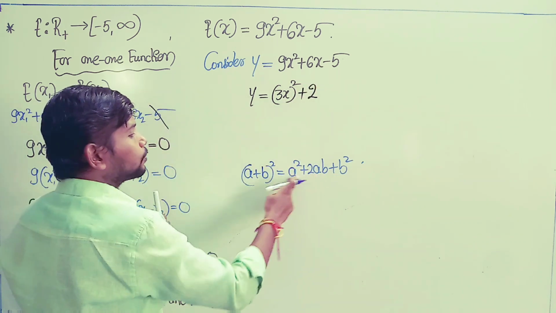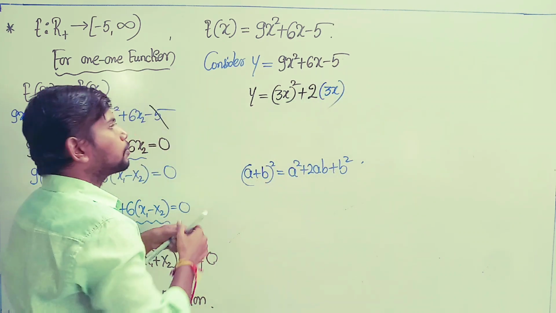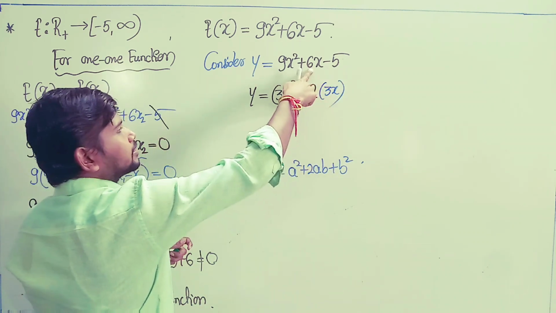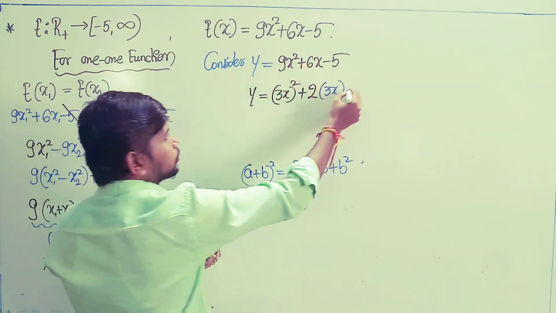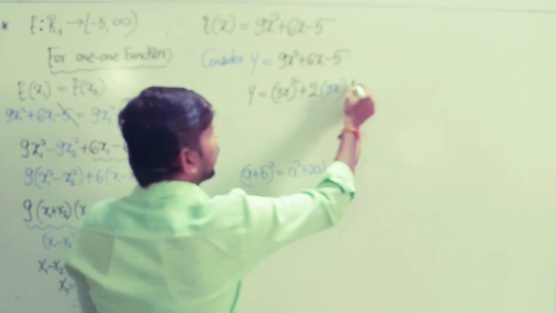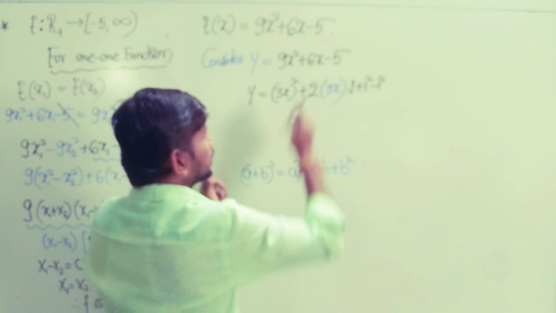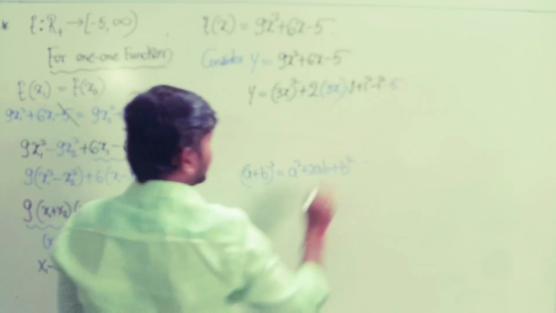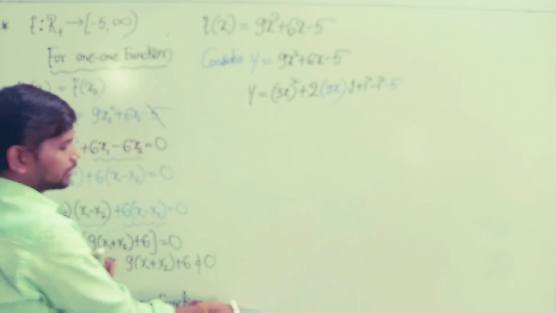What's the a value? A value is 3x. Got it? What about 2 into 3 into x? 6x. After that, what I need to multiply to get 6 only? I need to multiply 1. Means I got the b value as 1. That's why adding 1 square, subtracting 1 square. At last minus 5 is there, I am writing as it is. Got the point clearly? Okay. This is nothing but completing the square.